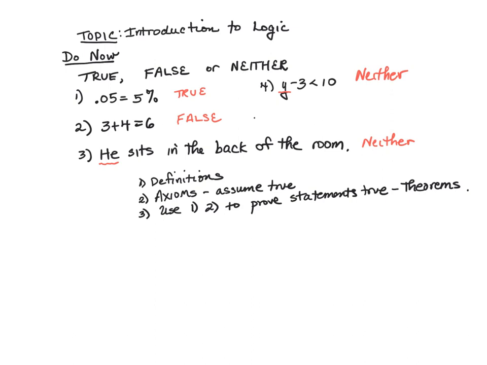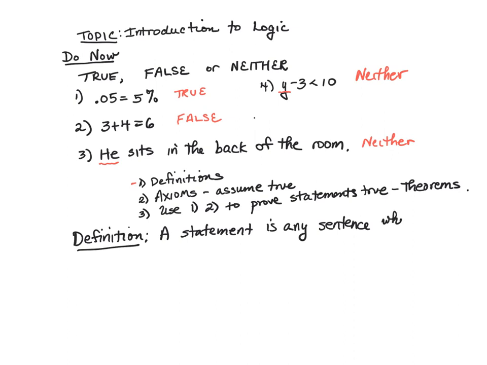So let's just define this before we go on. So our first definition. So we're starting with the definition now. Definition. A statement is any sentence which is true or false but not both.